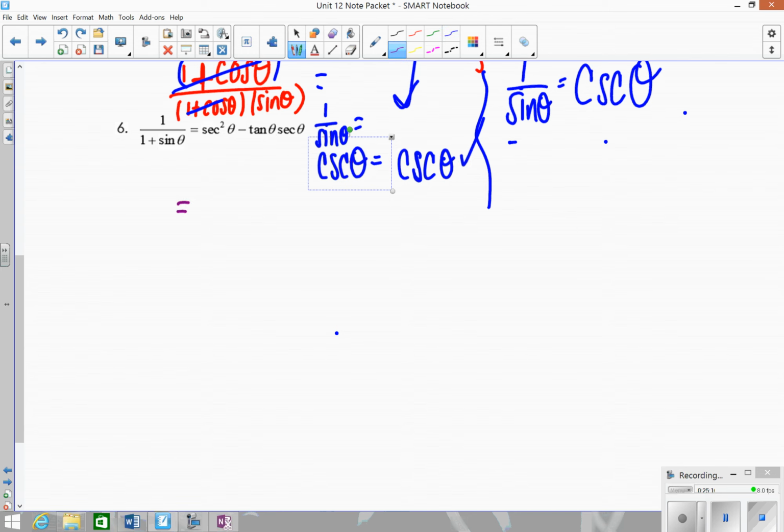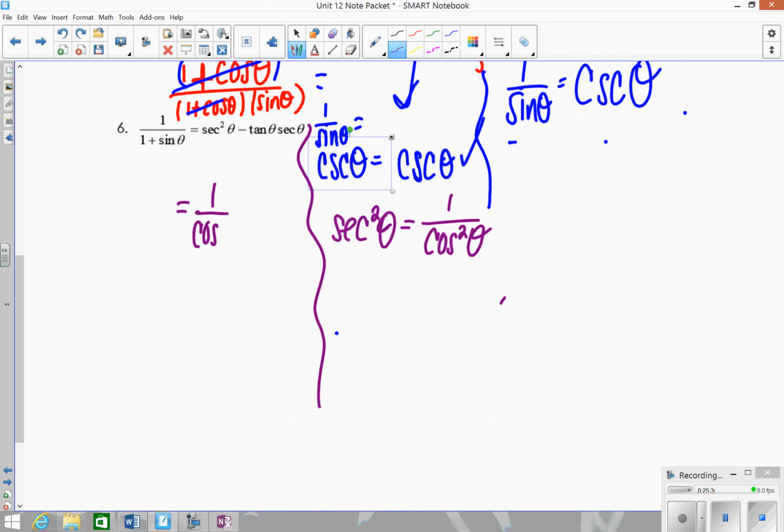So first thing I see with this one is I have a secant squared. Secant is 1 over cosine, and since it's squared, it's the same thing as 1 over cosine squared. So I'm going to replace that. So this is 1 over cosine squared. And then tan I can replace. I'm going to turn tan into sine over cosine because I'm going to be getting cosine involved.